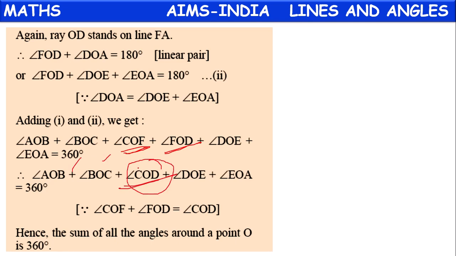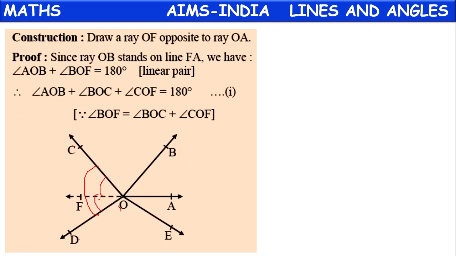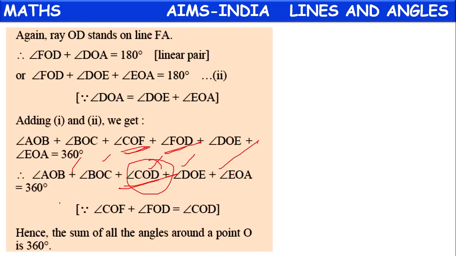So without the F construction, we have 1, 2, 3, 4, 5 angles around O, whose sum equals 360 degrees. So the sum of all the angles around a point will always be equal to 360 degrees.